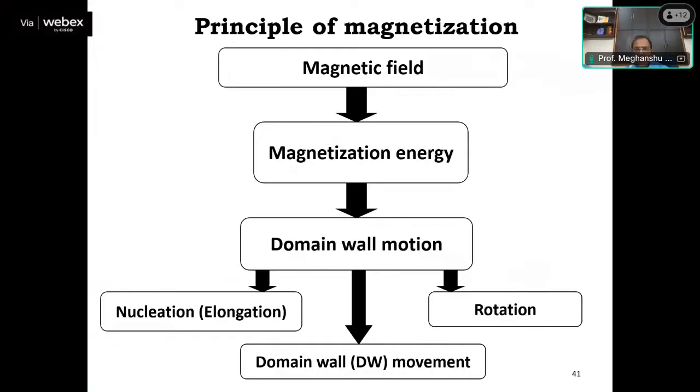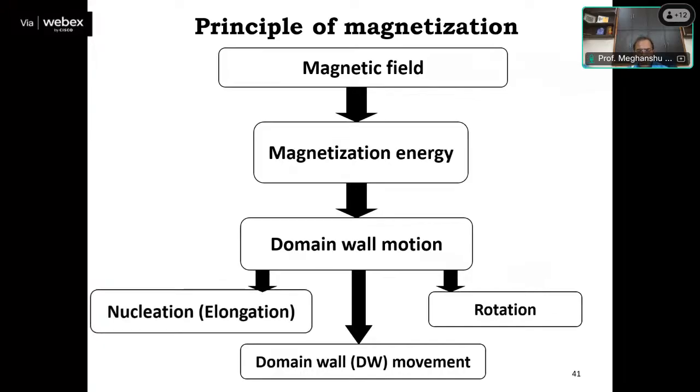Now, a very important conclusion we are going to derive: the principle of magnetization. We have seen how this principle of magnetization is used in the assessment of residual stress, that we are going to see here. The principle of magnetization indicates that when we apply a magnetic field, it supplies magnetization energy to the domain wall, and the magnetic domain wall receives this magnetization energy for completing the motion in three stages.